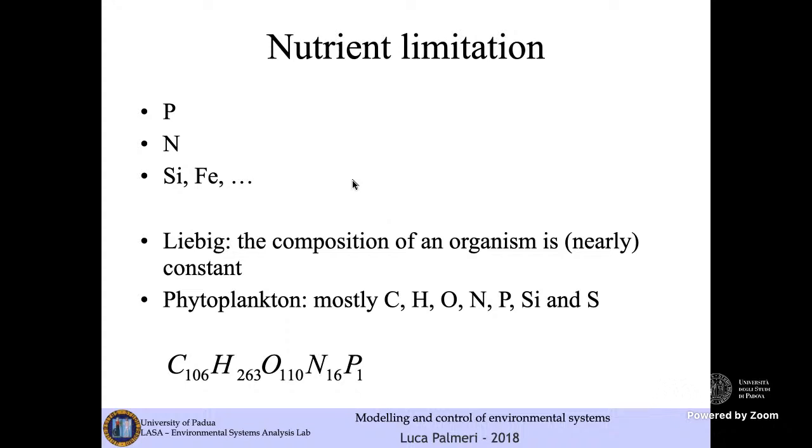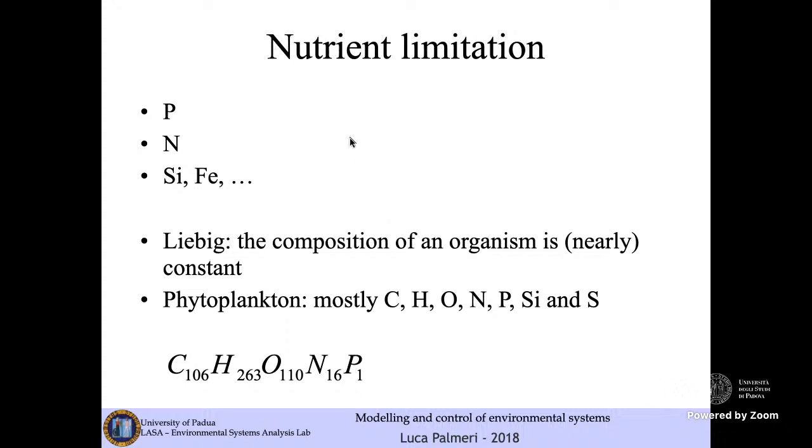In general, we start by observing that organic matter has always a kind of fixed stoichiometry. Do you remember when we introduced the metabolic flow model? One of the basic assumptions was that we are what we eat, meaning that the composition of the biomass produced by a living organism is in general very similar, in stoichiometric terms, to the composition of the food or the resources on which the organism feeds.